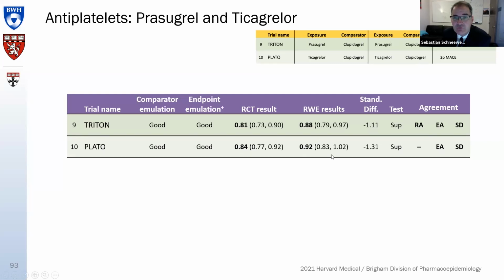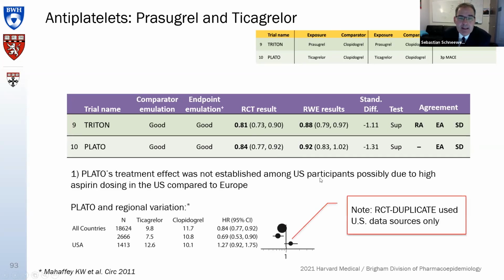Here, of course, the 95% interval is spilling over the 1, and then according to the regulatory framework, it would no longer qualify for regulatory agreement because it would be considered a null finding, while the randomized trial showed the benefit here.